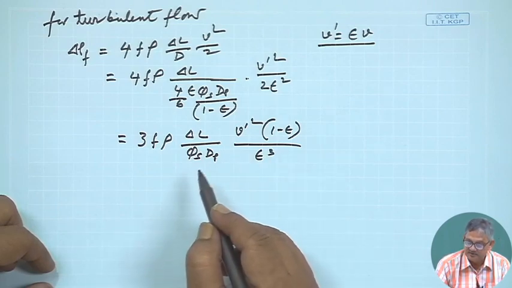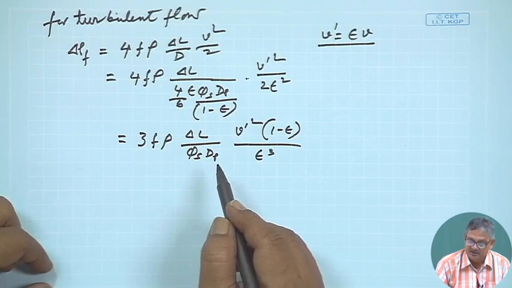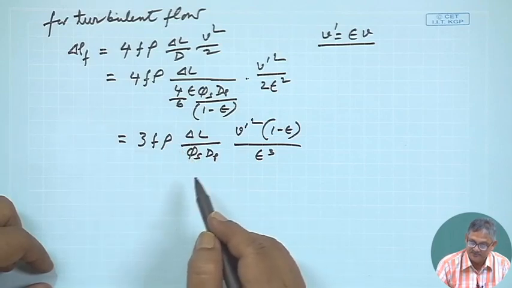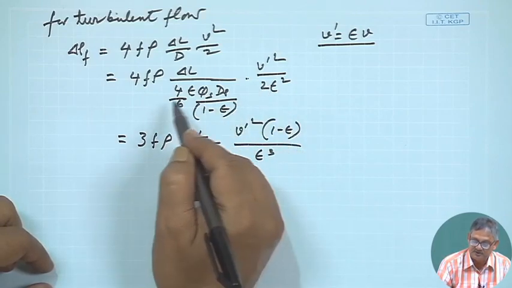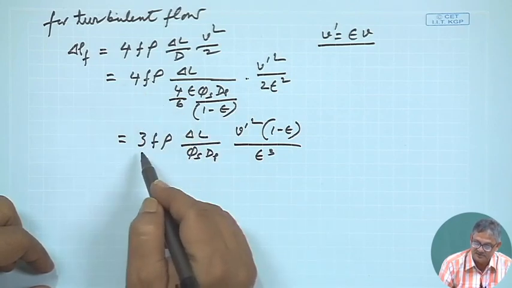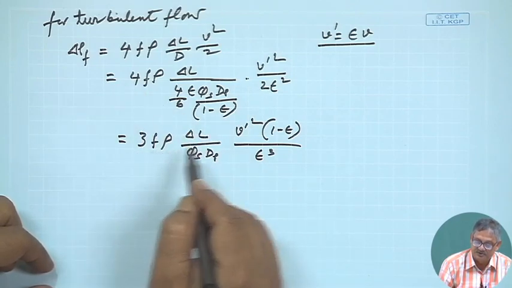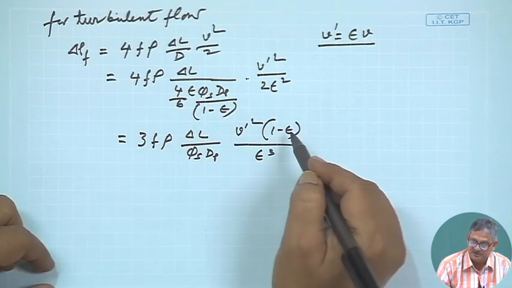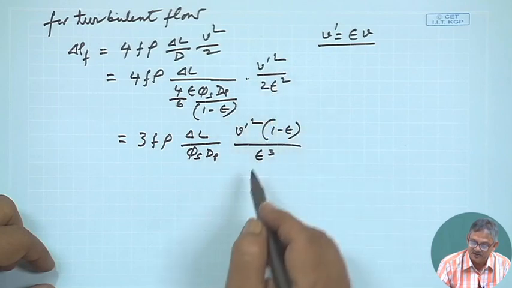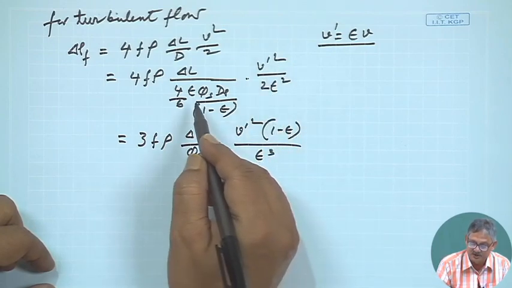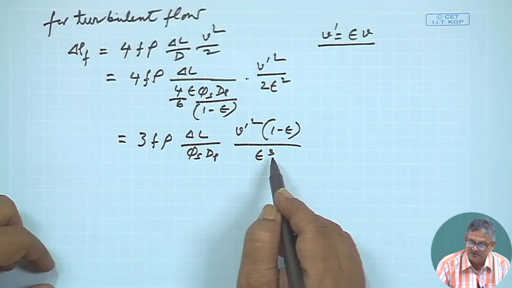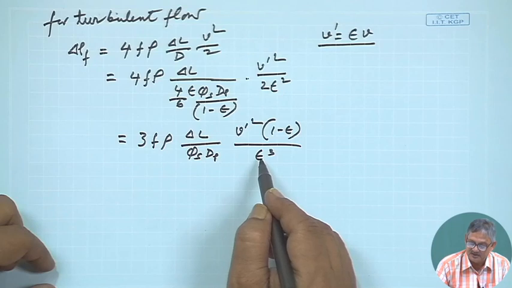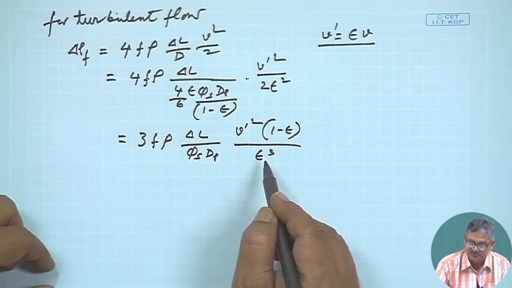This we can rewrite like this, because that 4 goes up, this 2 and this 6 go up and 3 remains. So, 3 comes, 4 rho delta L, phi s remains there, dp remains there, 1 minus epsilon goes up, v prime square, and this remains epsilon and 1 epsilon. So, epsilon cube, right. This epsilon square, epsilon remains and it becomes epsilon cube, right.